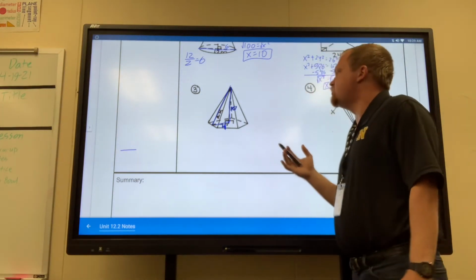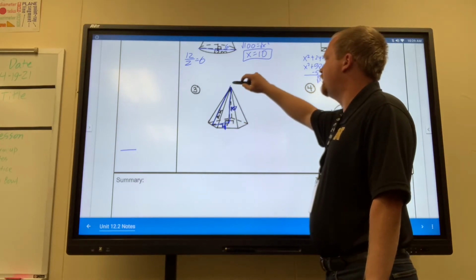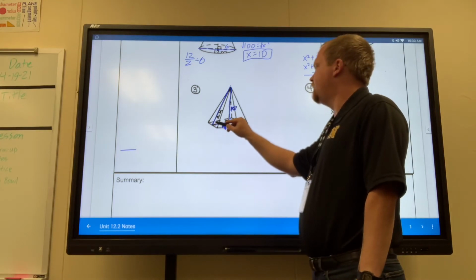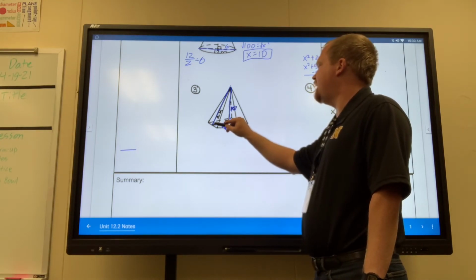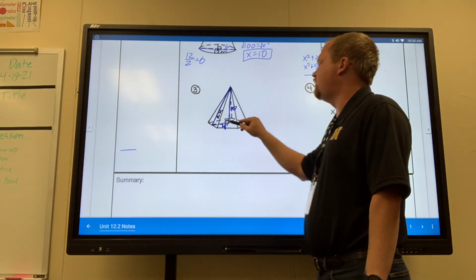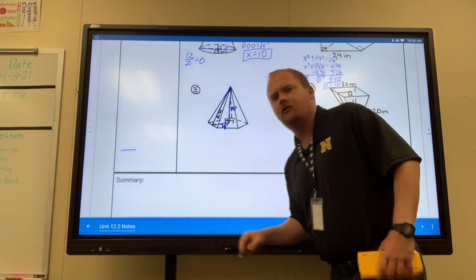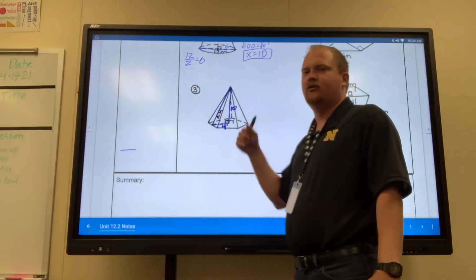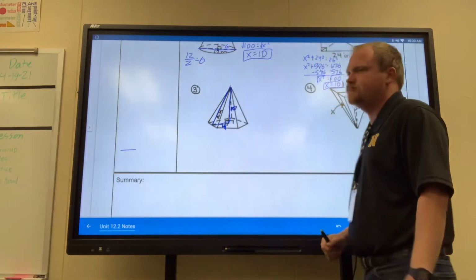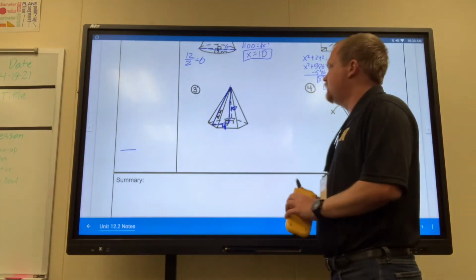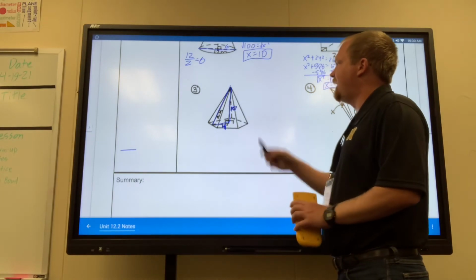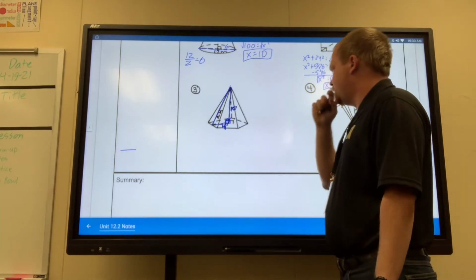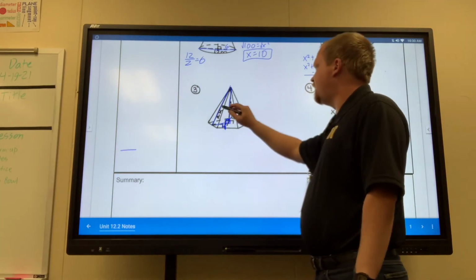Notice that we have the original height here for the pyramid, but we're also going from the edge of the base to the center where the height hits. We know it's going to be a right angle, considering the height is vertical, straight up and down. So we have this triangle right here, and we want to find x.